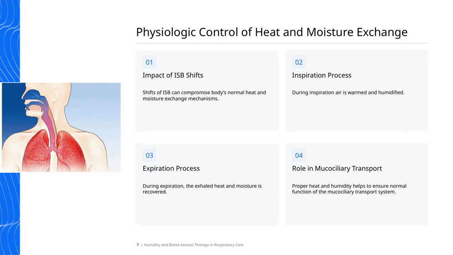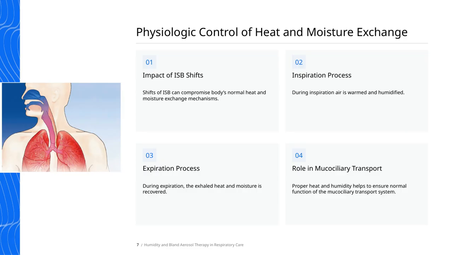This process means we don't lose too much of these vital elements with each breath. When we breathe in, or inspire, the air is warmed and humidified before reaching the lower respiratory tract. This process is essential for maintaining the integrity of the airway tissues and supporting effective gas exchange.